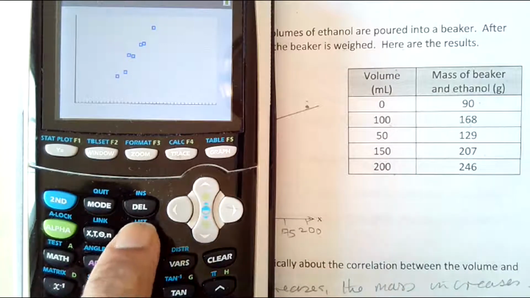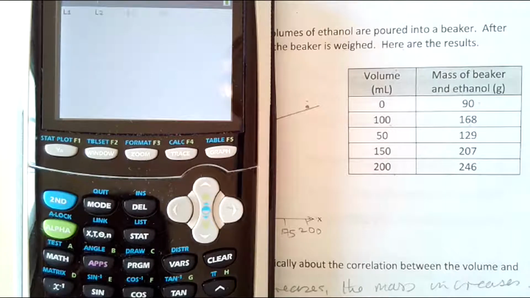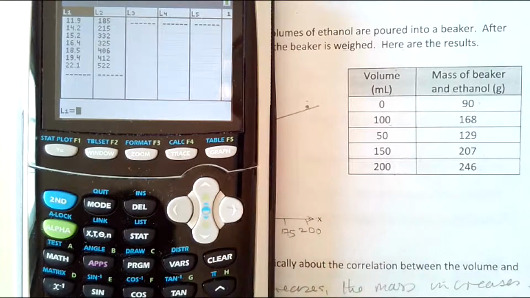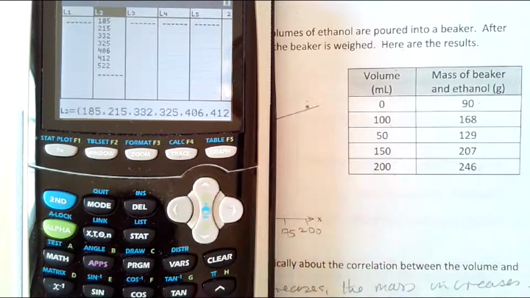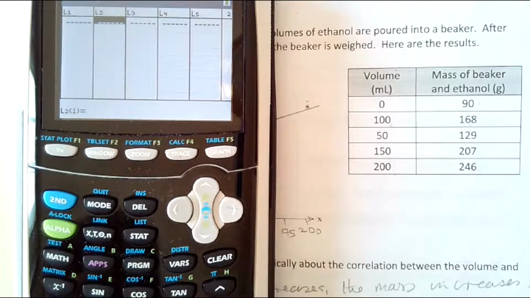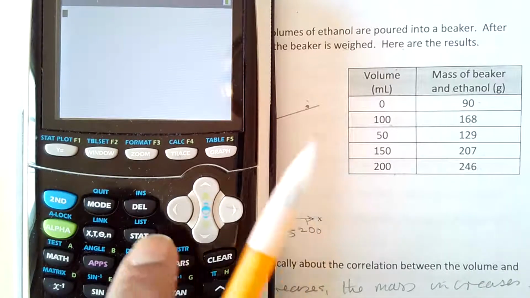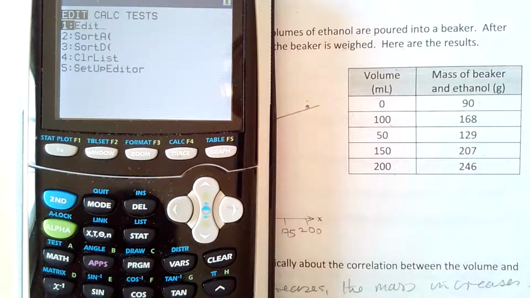So I press my stat button, press enter, and I'll clear all of this data. Press clear, enter, clear, enter. If I do that and go to my graph, I have nothing here, because I have no data in there. So now I'm going to enter my given data.